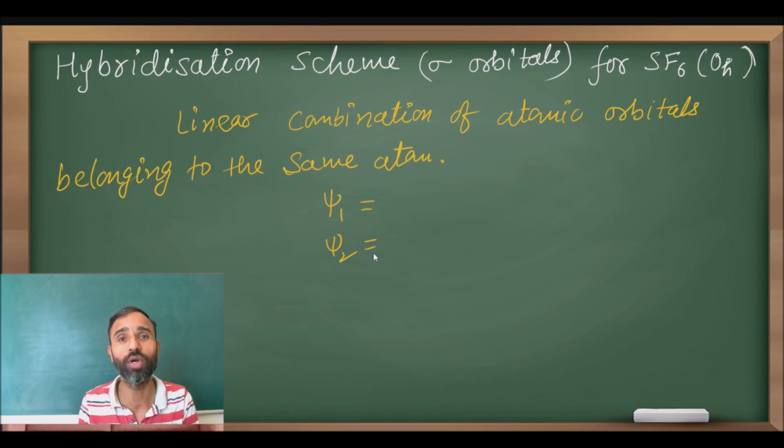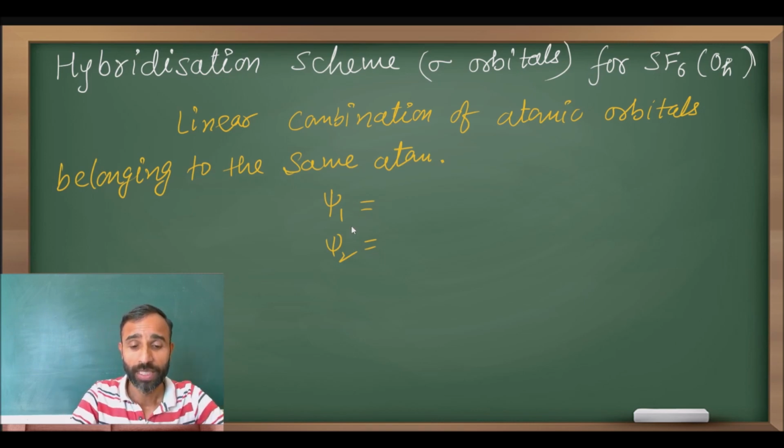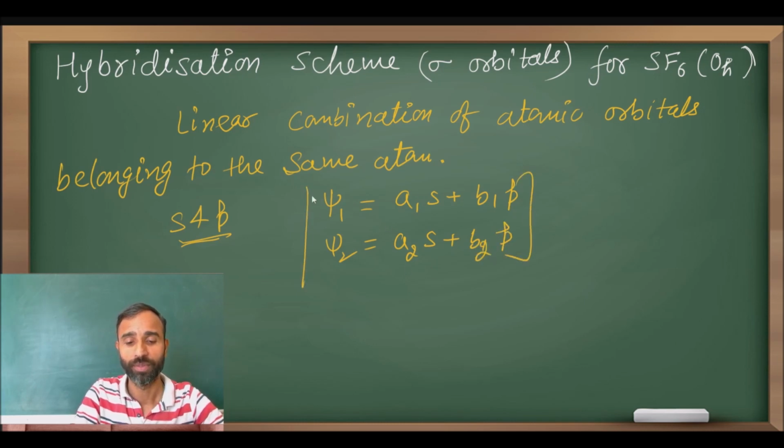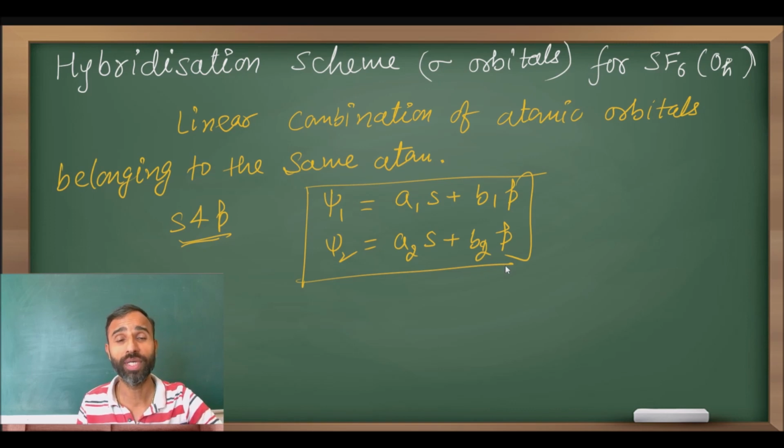So, if we have s and p orbitals, then psi1 is a1 s plus b1 p, and psi2 is a2 s plus b2 p. That means if we have two atomic orbitals, we will get two new orbitals, two hybrid orbitals.